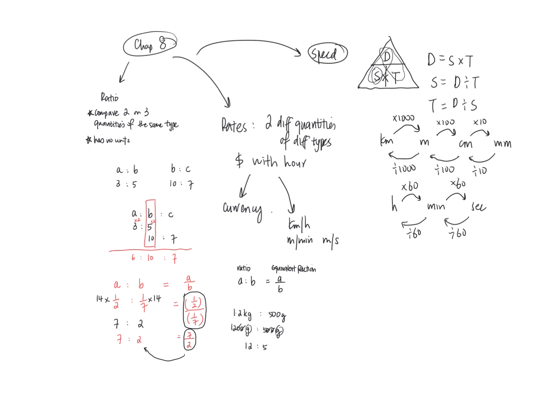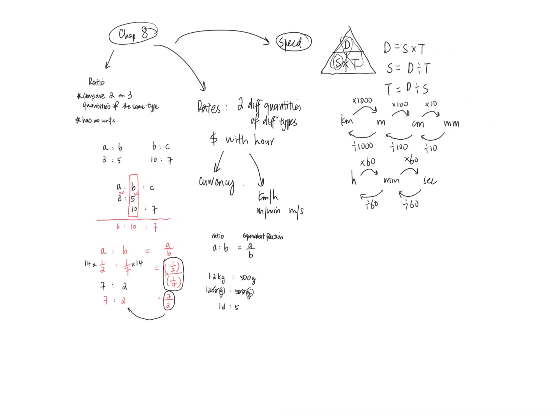Then what you have learned in this June holiday for percentage, which is chapter 9. It's percentage increase, where you always find the increase over original times 100%.